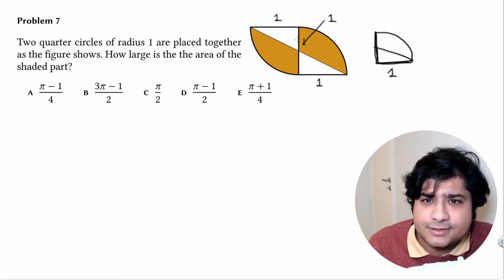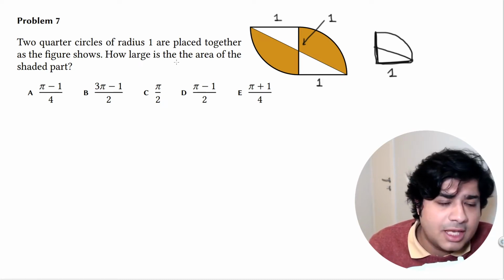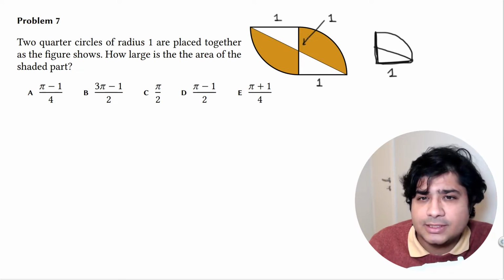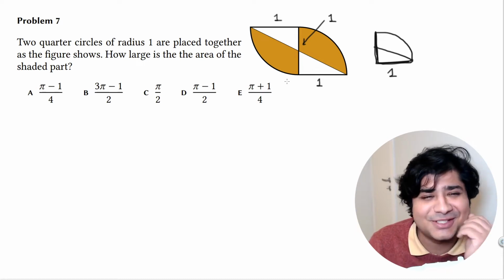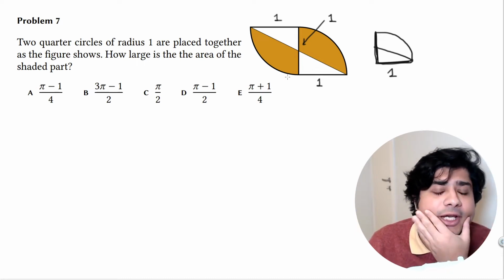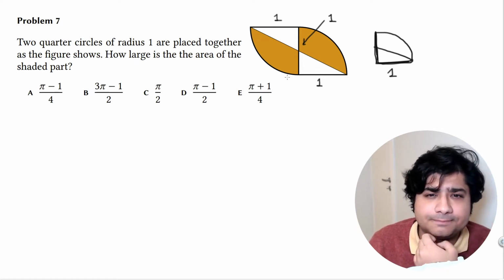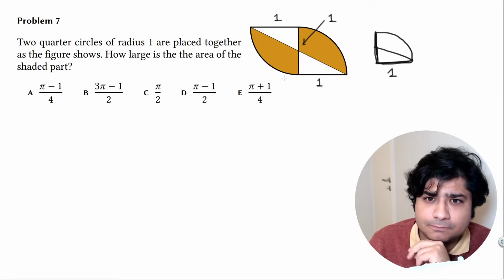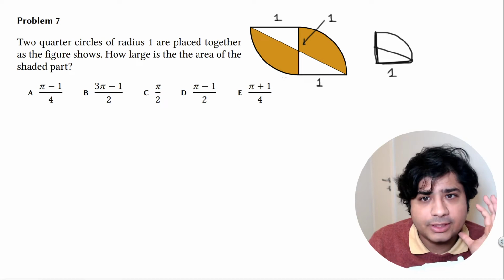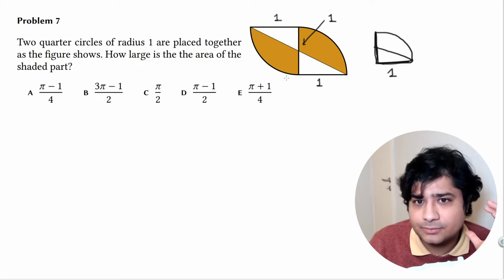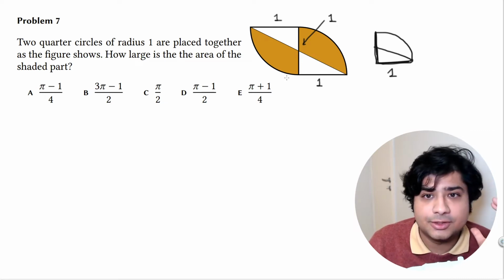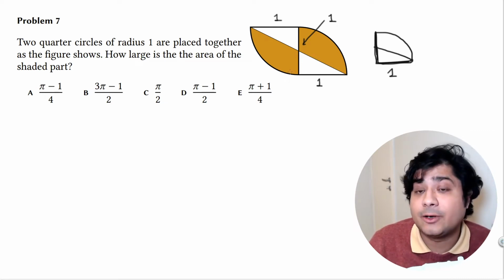Are placed together as the figure shows, like this. How large is the area of the shaded parts, the 2 orange things together? Oof, okay, so how to think about this then? Let's think about what different kinds of figures we're dealing with.